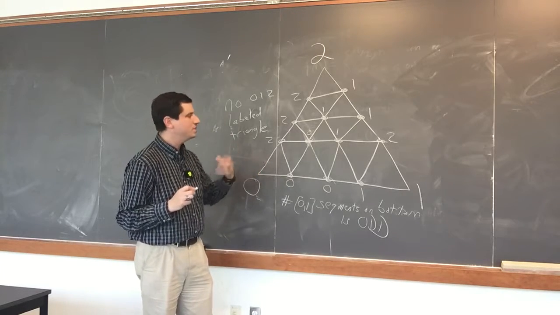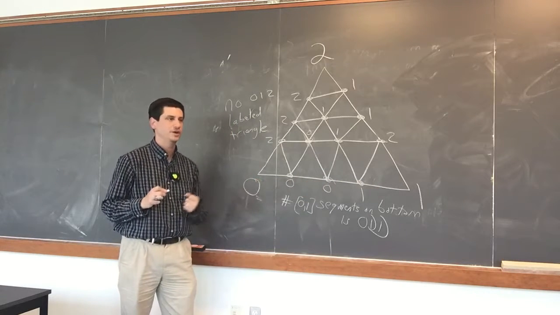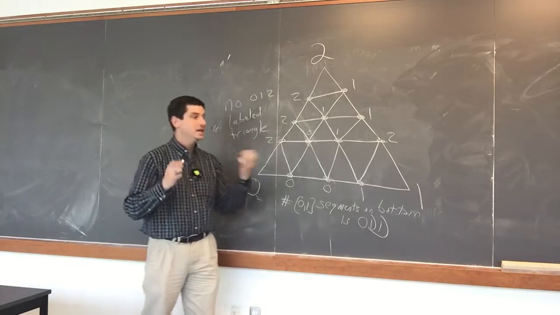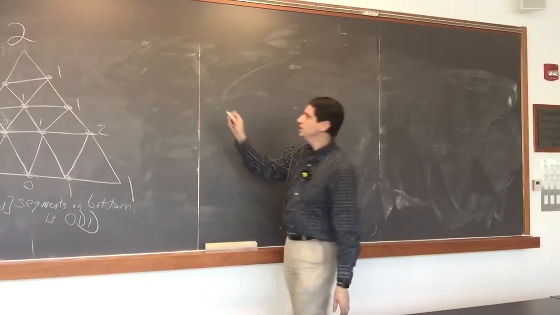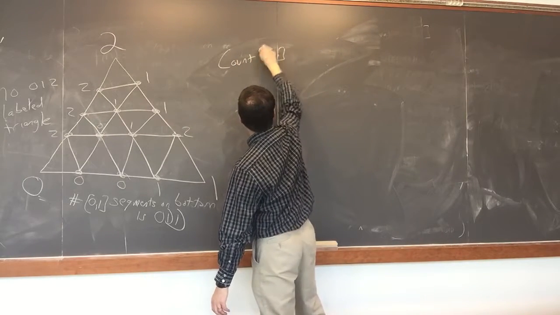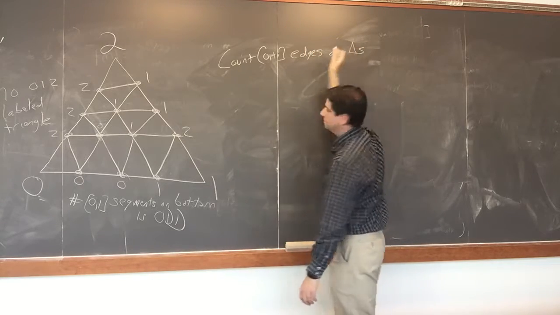So what's the relation? What does a 0, 1, 2 triangle have that's related to something we have on the bottom? It has a 0, 1 edge. Let's count 0, 1 edges. So the goal is to count 0, 1 edges on our triangles.